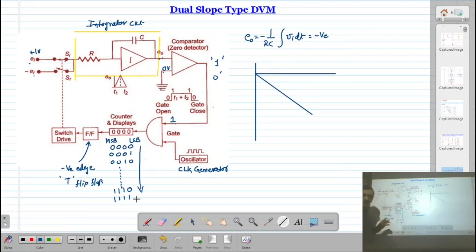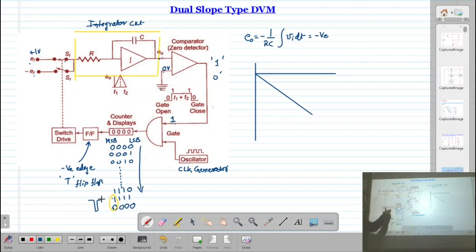Then after, what will happen? Your counter is going to be reset. Reset means here now it is 0 0 0. So you can see that the MSB is changing from 1 to 0, which means it is producing a negative edge like this.